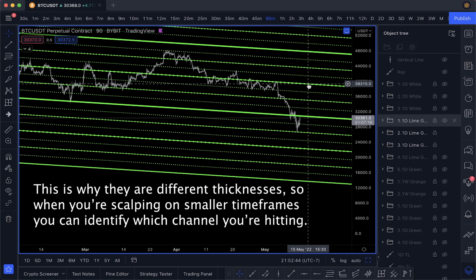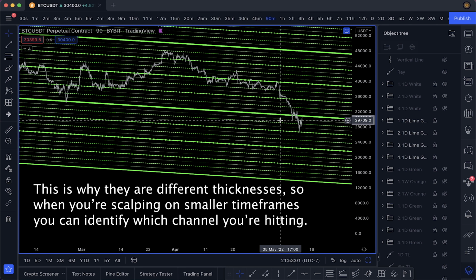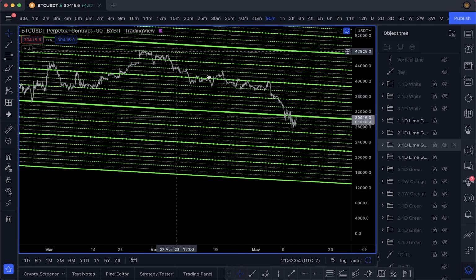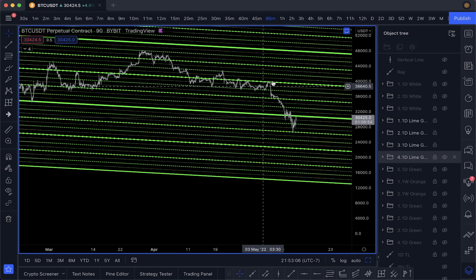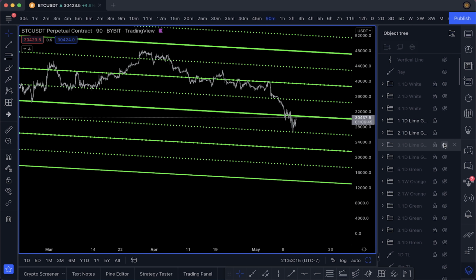So this is your thickest. And like I said, you can get crazy with this. And this would be for trading only scalps. So you wouldn't be trading the 90-minute or the 1 hour with these tiny channels. If anything, it would just be more noise than you want.